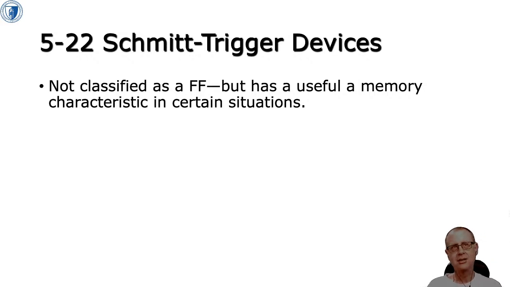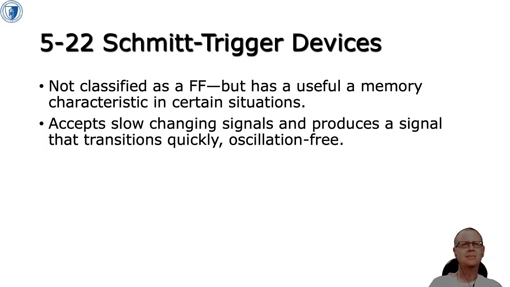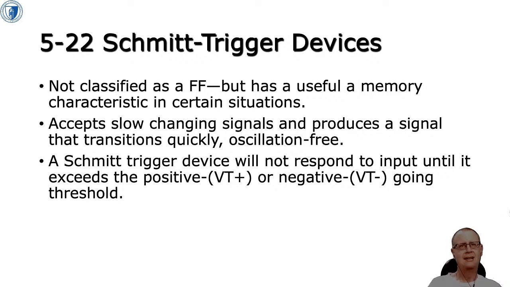And there's this idea of a Schmitt trigger, where the aim is that instead of having a single threshold, there's two thresholds. There's a positive going threshold and a negative going threshold, right?